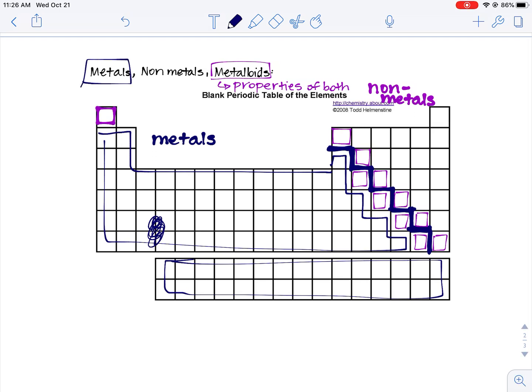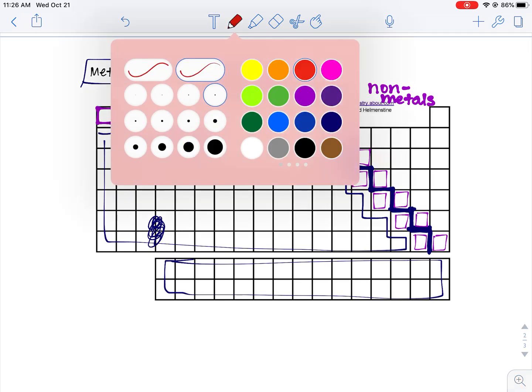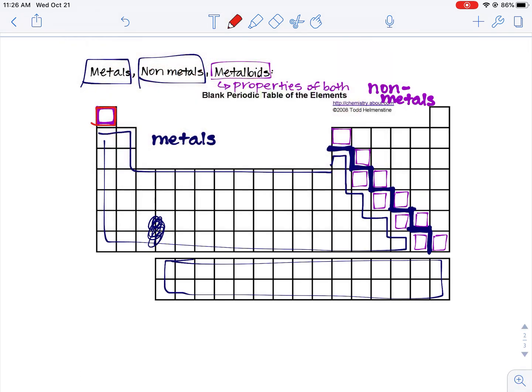They're to the left of the staircase. Those will be my metals. And then the nonmetals, oh, my color coding was off. Let me change hydrogen's box to a red. Sorry about that. Nonmetals will be red. So that's yet another way to divide our periodic table.